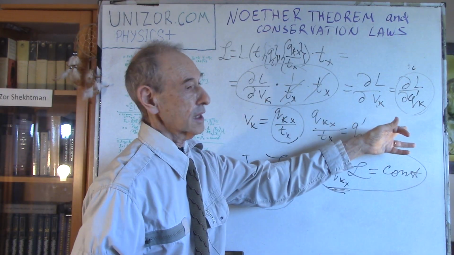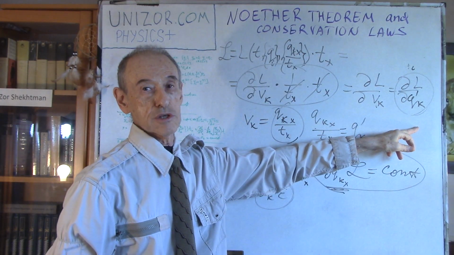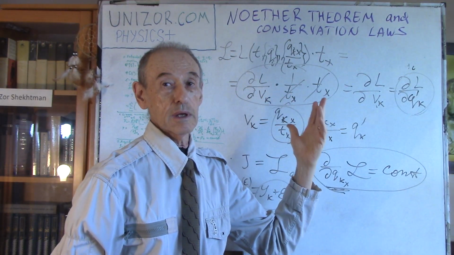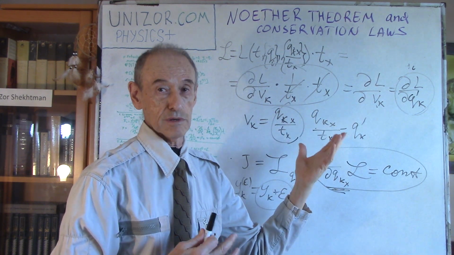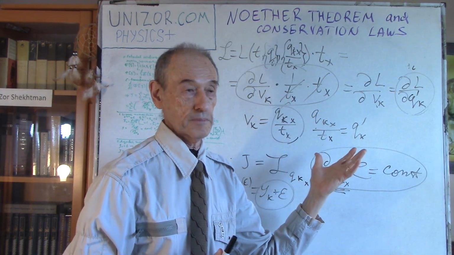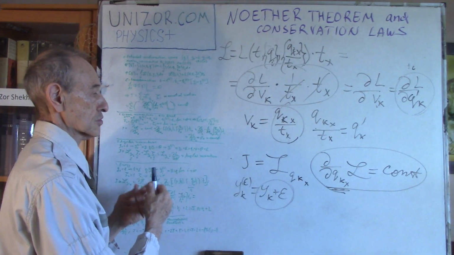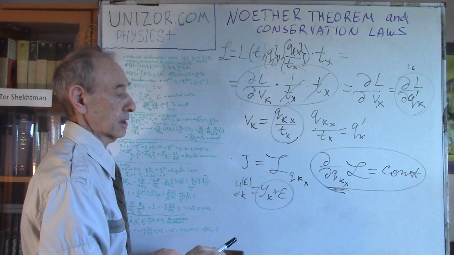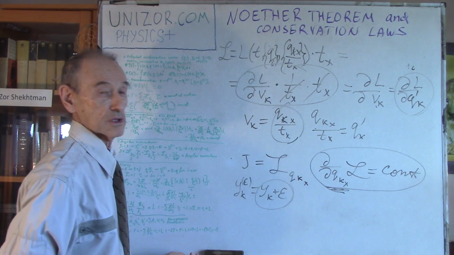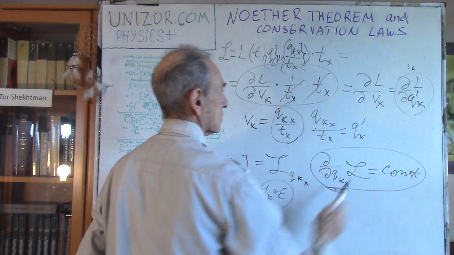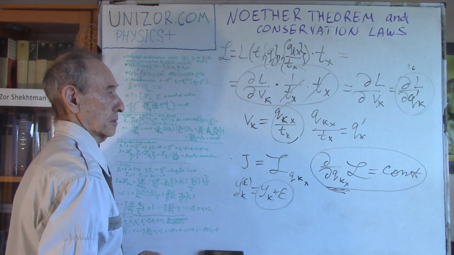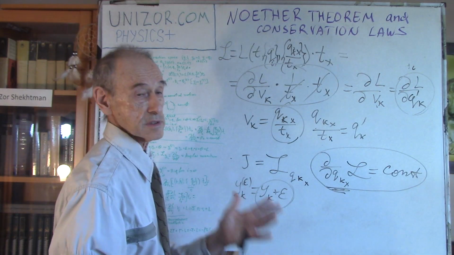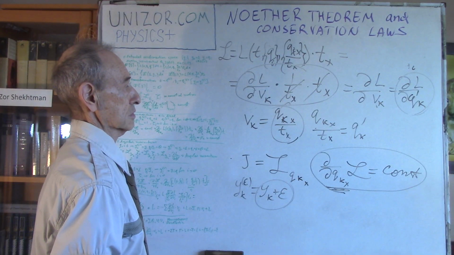What I have just done, I have derived the law of conservation of momentum from the Noether theorem, which we have derived from other properties, from the symmetries of the space transformation. So the symmetry of the space transformation in mathematical language looks like this type of transformation of coordinates, and it results in the linear momentum conservation. That's it. That's the first conservation law which I wanted to talk about today.